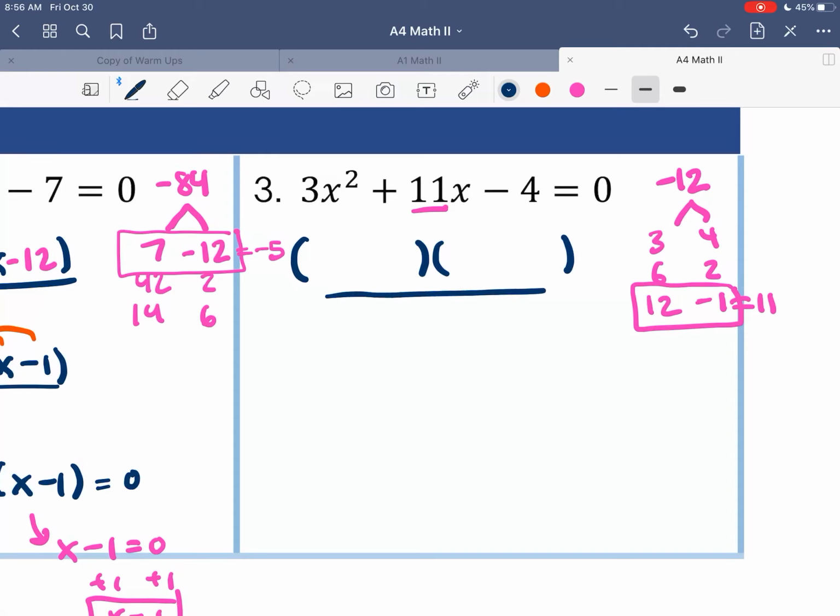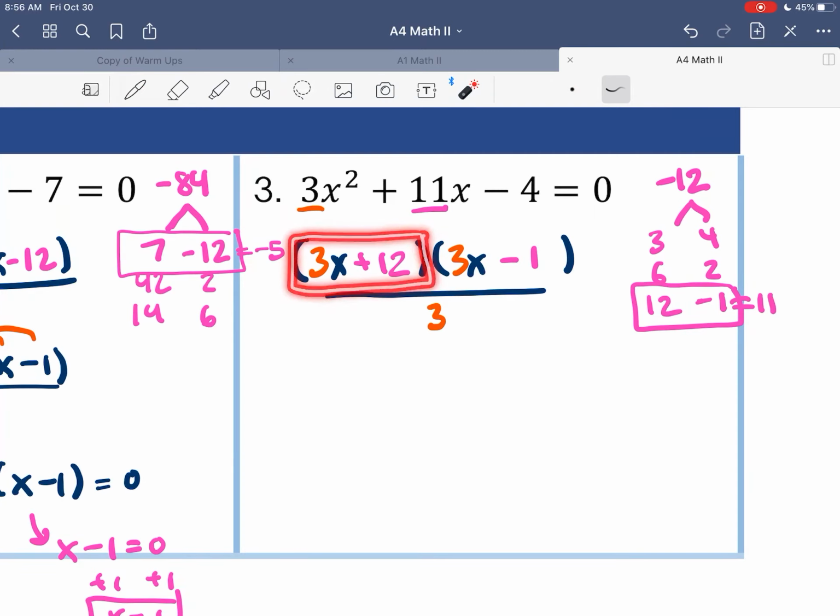So we will set up our binomials, put the 3, the a value, all 3 of those places. This needs an x. This needs a positive 12 and a negative 1. So notice that this one, 3 and 12 have 3 in common.